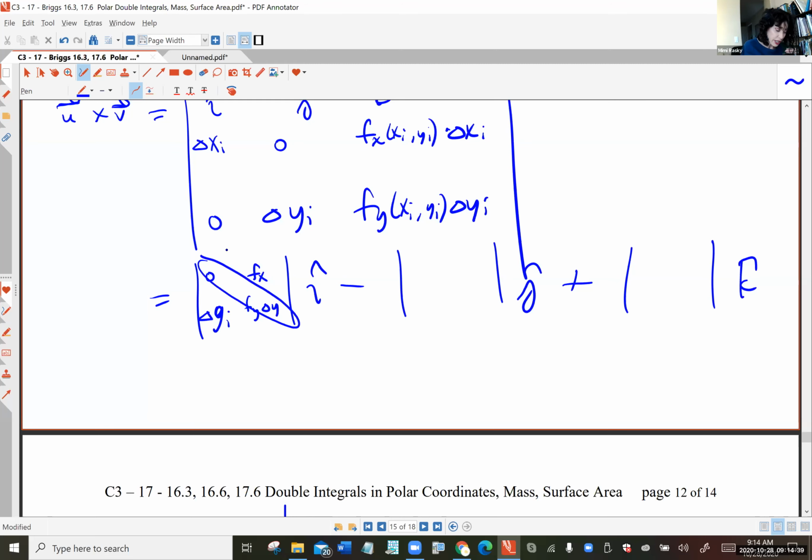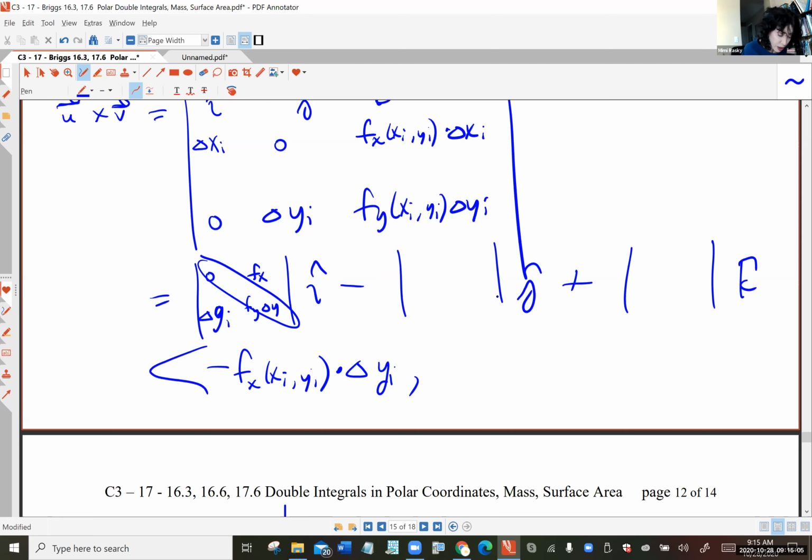And so the major diagonal is 0, and then you'll get minus, I'll put it in component form, minus the partial with respect to x times delta y, like that. So what? Well, we'll deal with that in a moment. And then your next component.